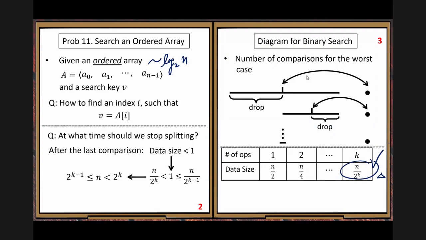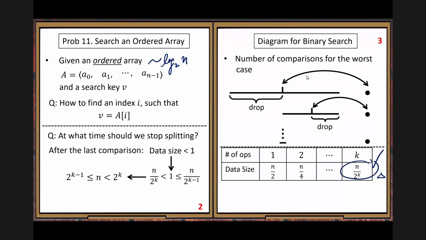After that, power of 2, because we want to represent the range for k in terms of n. But k appears in the exponent part.